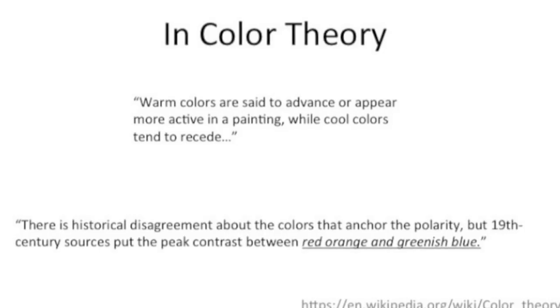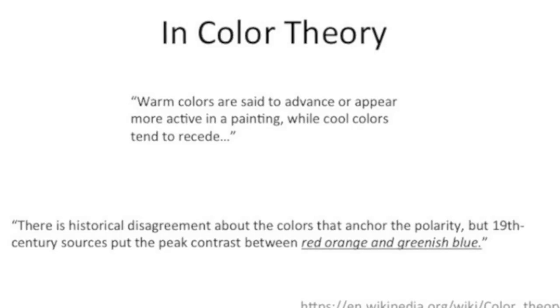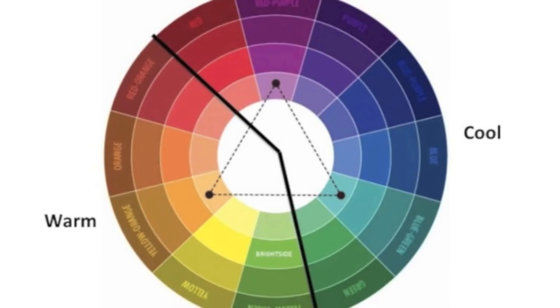And I did find this quote: there is historical disagreement about the colors that anchor the polarity between warm and cool, but 19th century sources put the peak contrast somewhere between red-orange and greenish-blue. That's something that I would agree with, even in terms of color theory, but that is not the widely accepted color theory.